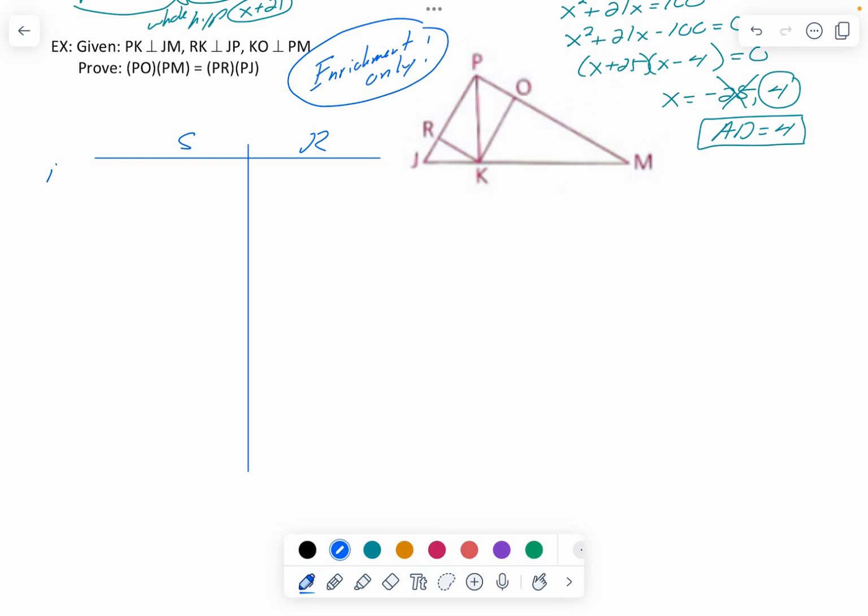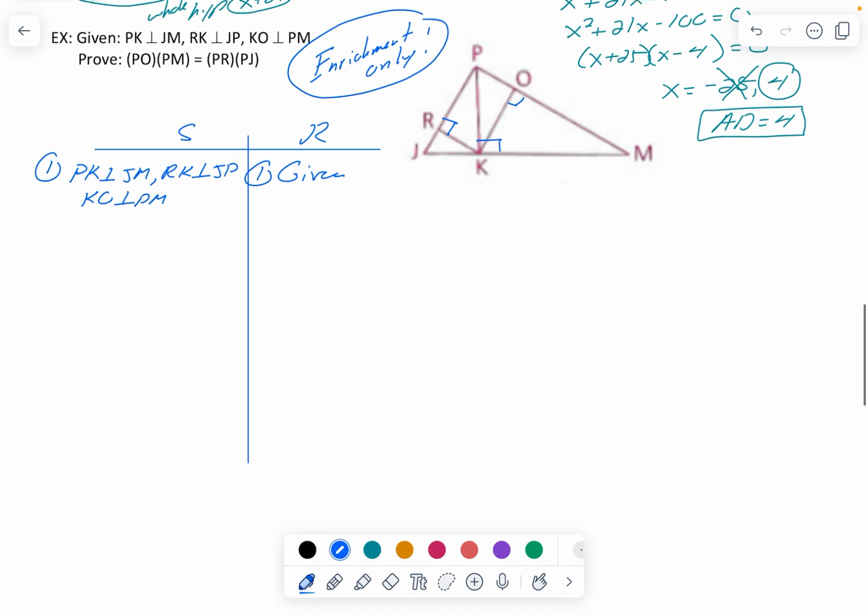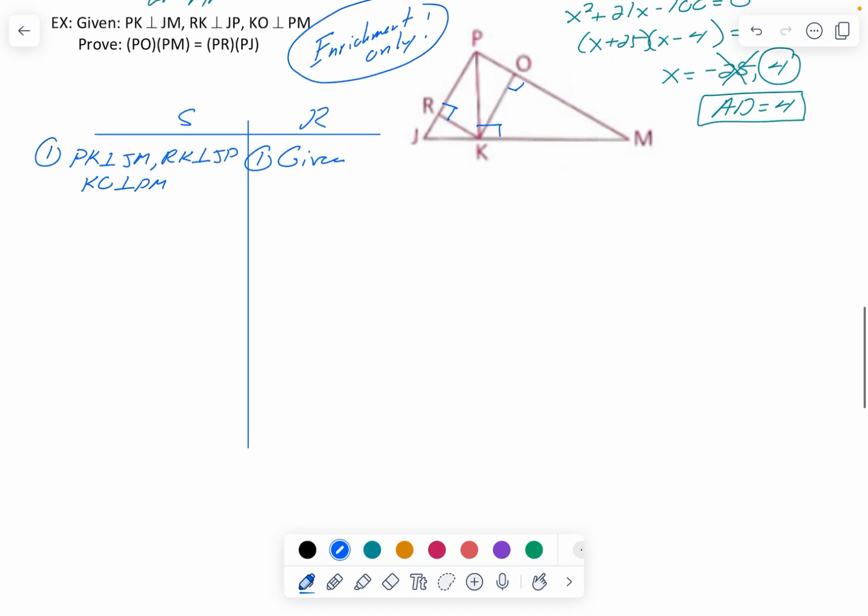So we have PK perpendicular to JM, RK perpendicular to JP, KO perpendicular to PM, and this is all our given. So we've got all these similar triangles, right? And altitudes and all that good stuff.